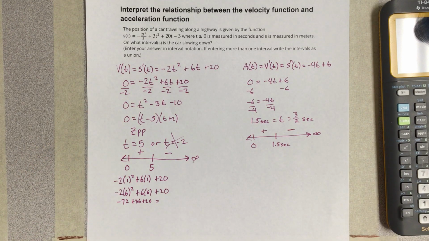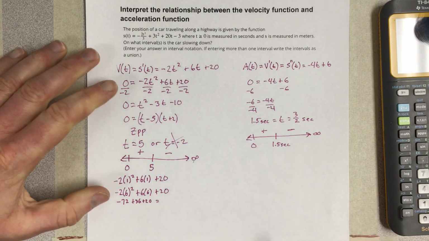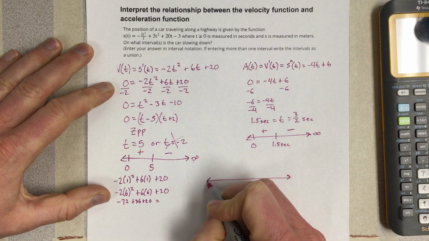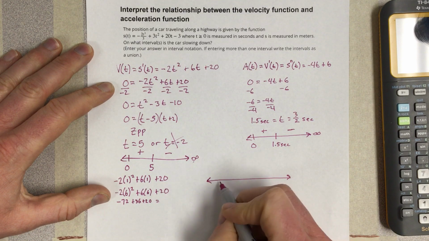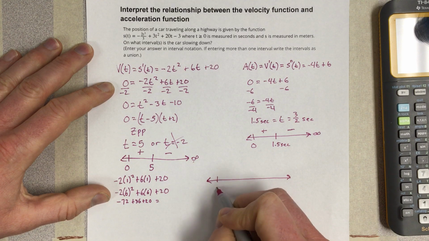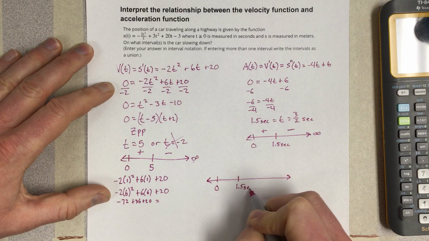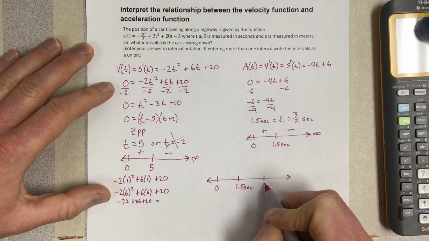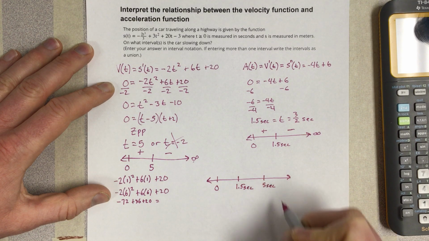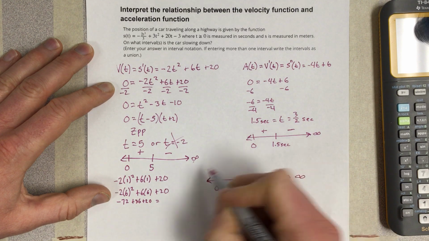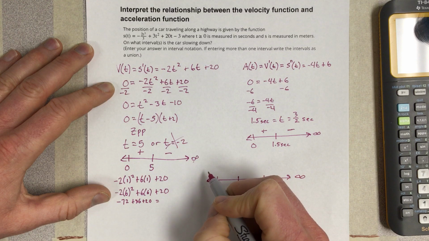Now I'm going to put these two things on the same number line. From 0 to 1.5, and then 1.5 to 5, and then 5 to infinity.